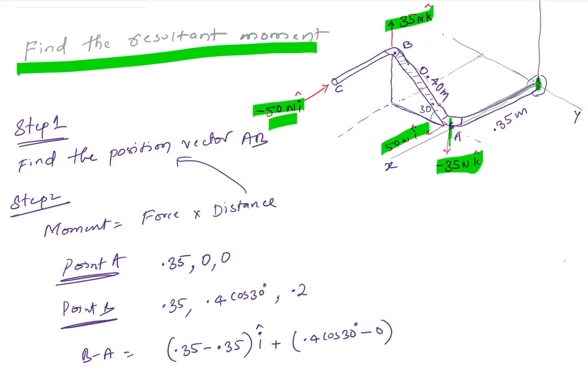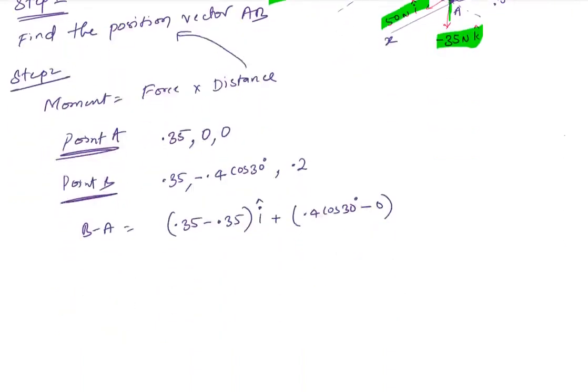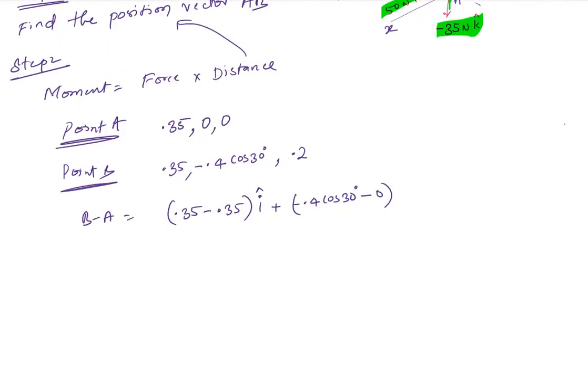Because this is back here, that is origin, it's going in negative y, so this should be negative. I'm sorry guys, so that should be negative j, and k is again 0.2 minus 0, okay?